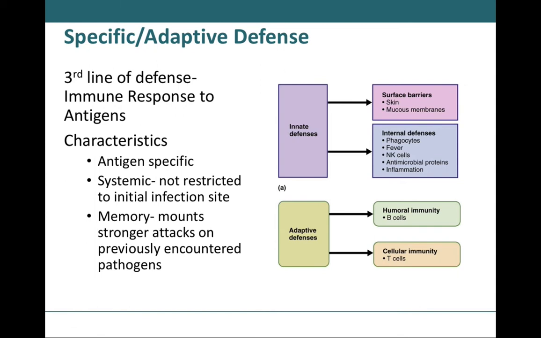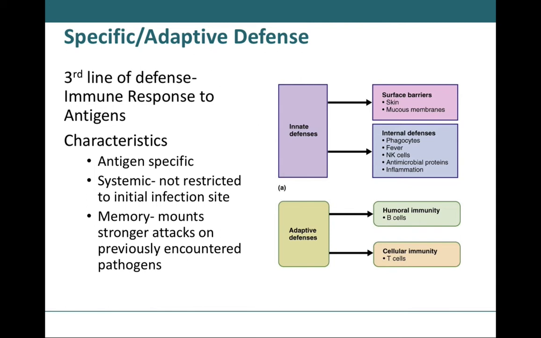These memory cells can exist for decades and be ready to go whenever that pathogen tries to make its way back into the body. Immunological memory is the factor that makes the first exposure to a particular pathogen the worst. Every subsequent exposure to that exact same pathogen will produce a stronger, more powerful immune response, so you generally don't experience as bad symptoms the second time around.